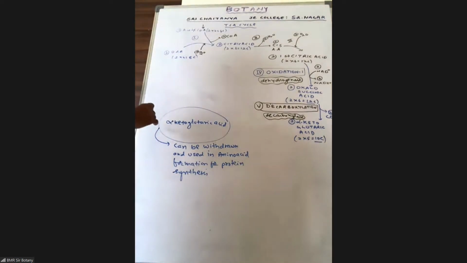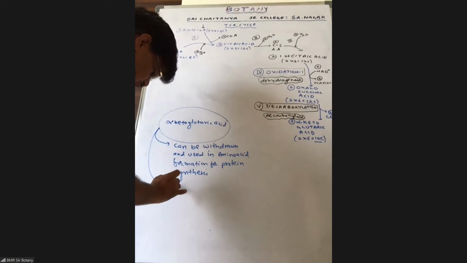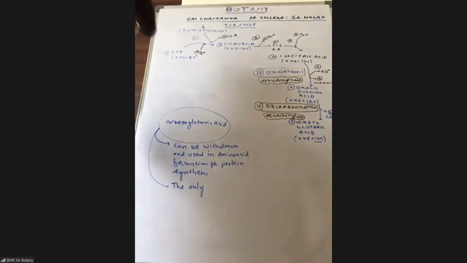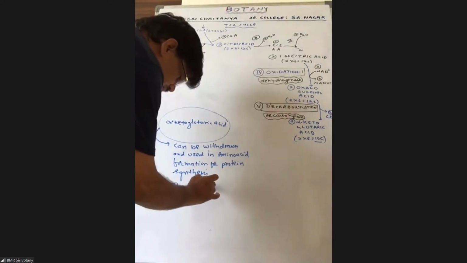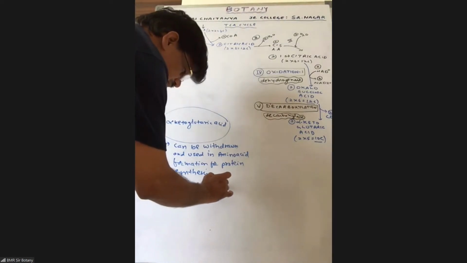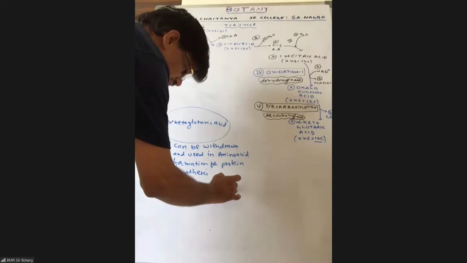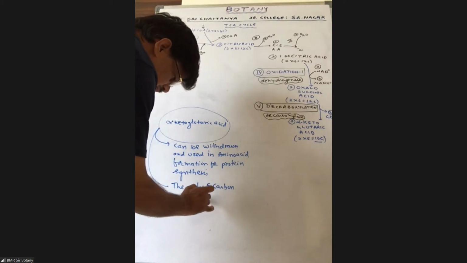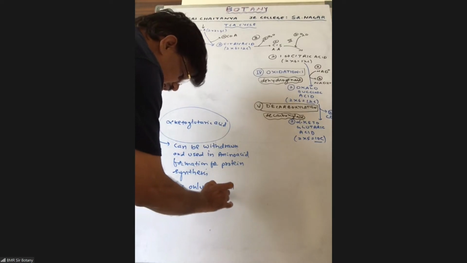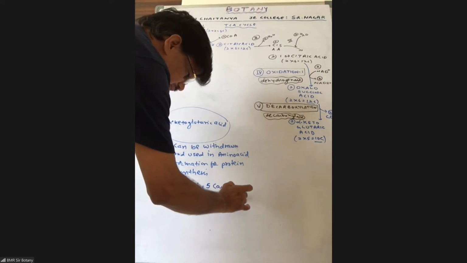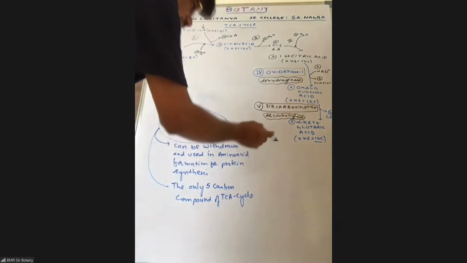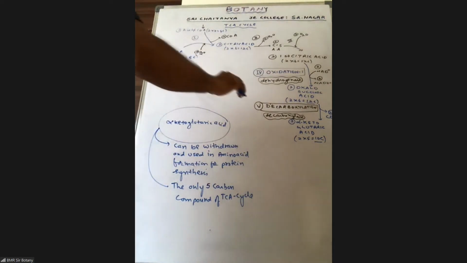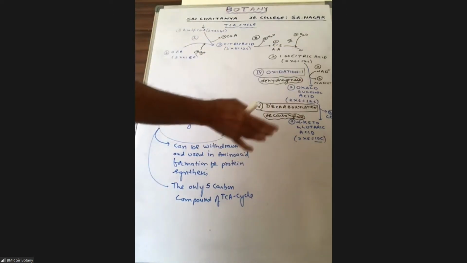Another specialty, Nana: this is the only 5 carbon compound of the entire TCA cycle. Reason is all that were before it were 6 carbon, and all that after this are going to be 4 carbon.